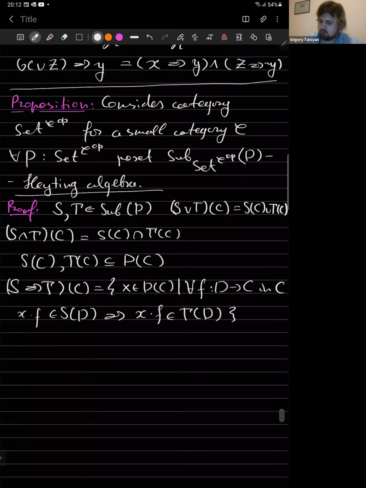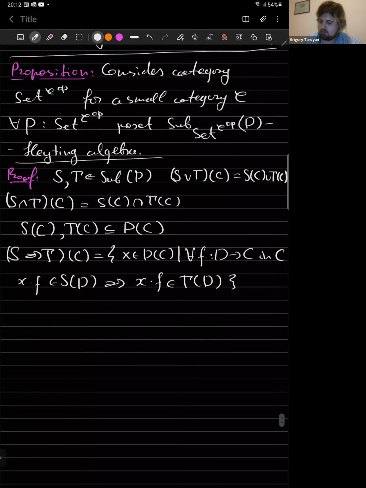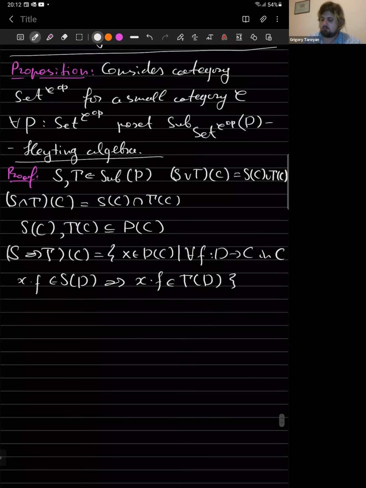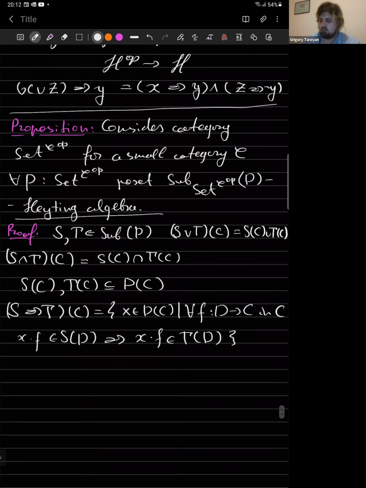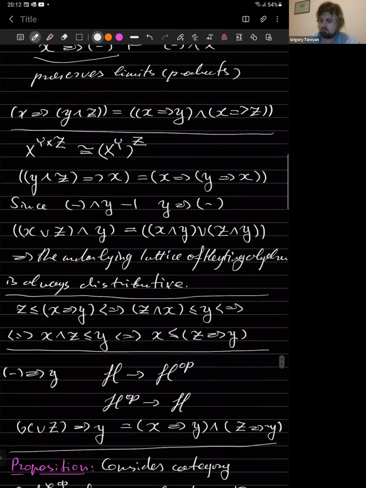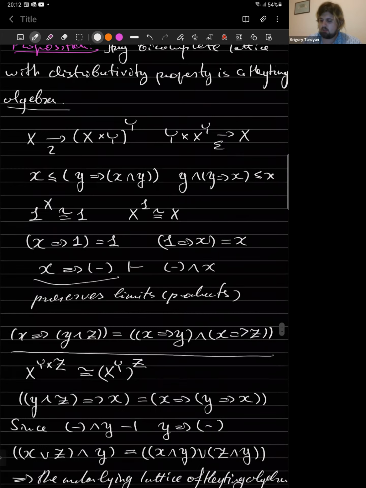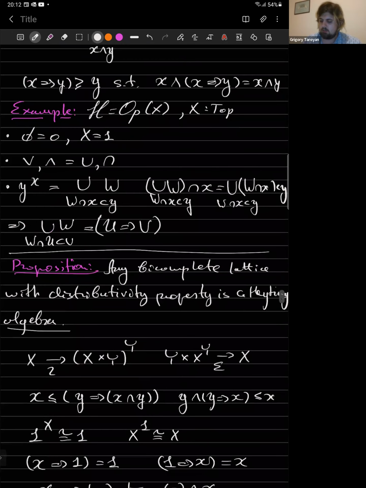So this is very much the same as the definition that it consists of all such subsets such that the intersection is still a subset in the implicant of the implication.